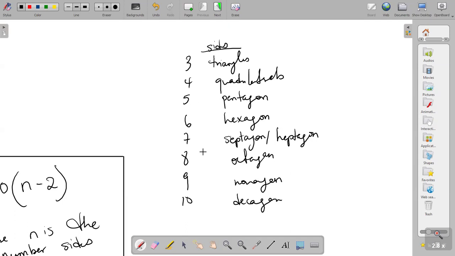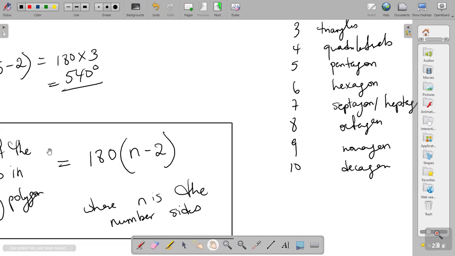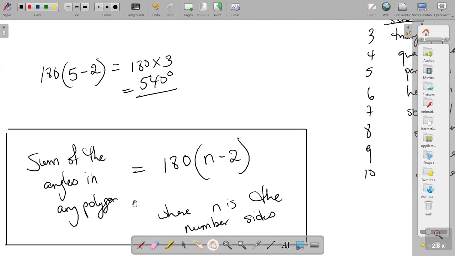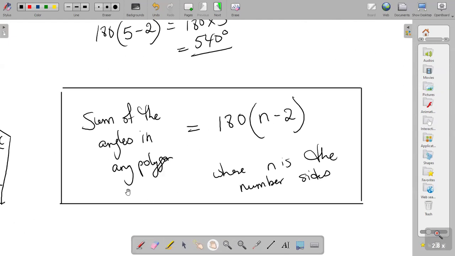So for those who don't have that, take a picture because you need to know. And what's the formula again? To find the sum of the angles inside, 180 times (n minus 2), where n is the number of sides. All right? So again, we're moving on. This is not a writing class. This is a screenshot or take a picture or look at the video after.